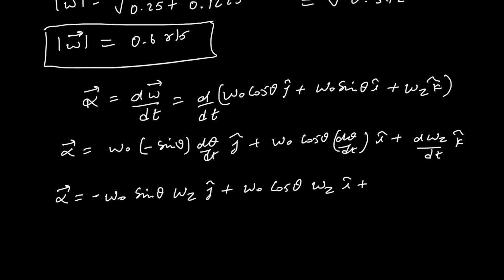And what is d omega z by dt? This is the rate at which angular velocity along the z axis is changing, and that is basically the angular acceleration along the z axis, which is given as beta naught. So it is beta naught k cap.